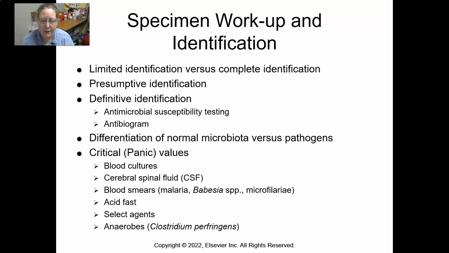If you see malaria on a blood smear or babesia, a positive acid-fast stain, it has to be called. And then select agents, especially bioterrorism agents, need to be called, like Yersinia pestis, right? And then any anaerobes like Clostridium perfringens are called critical or panic values.